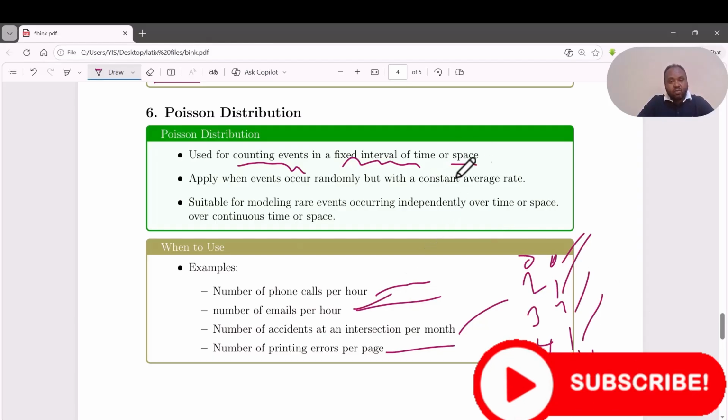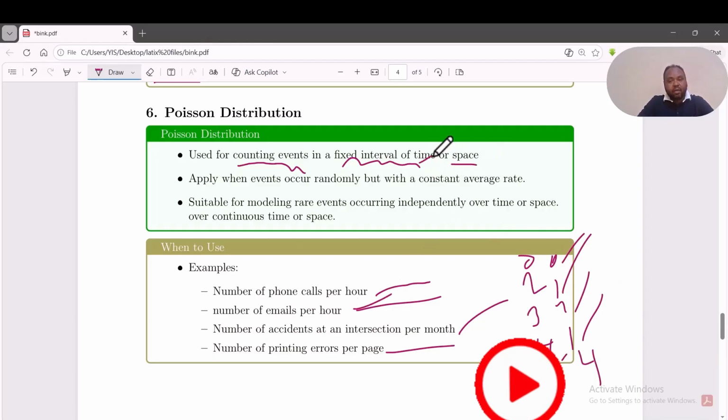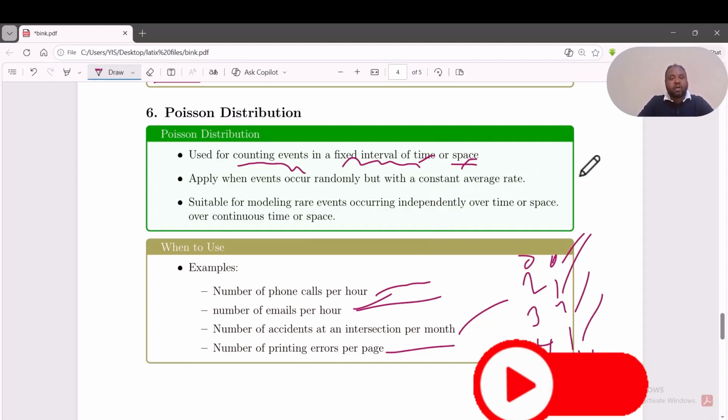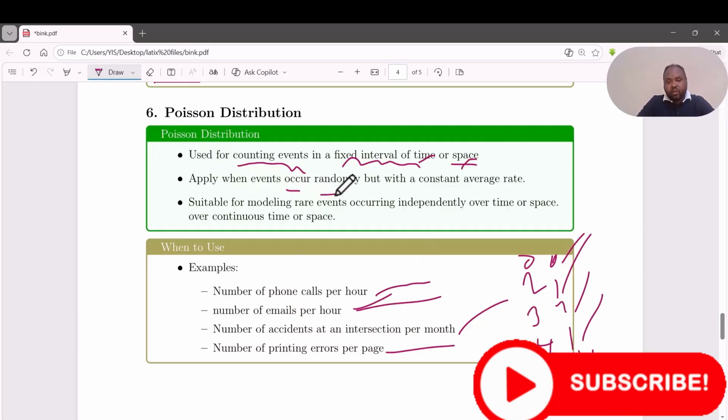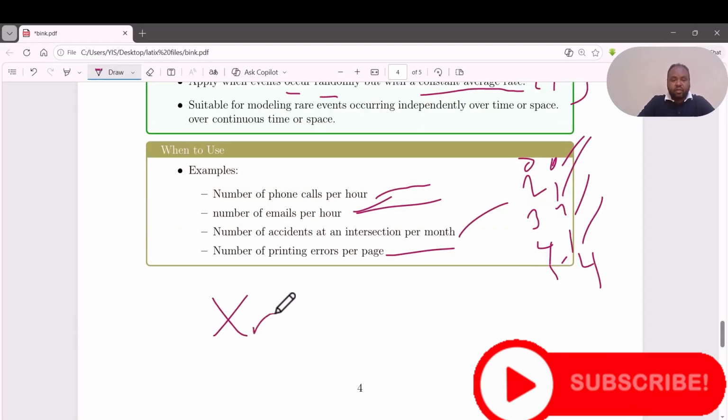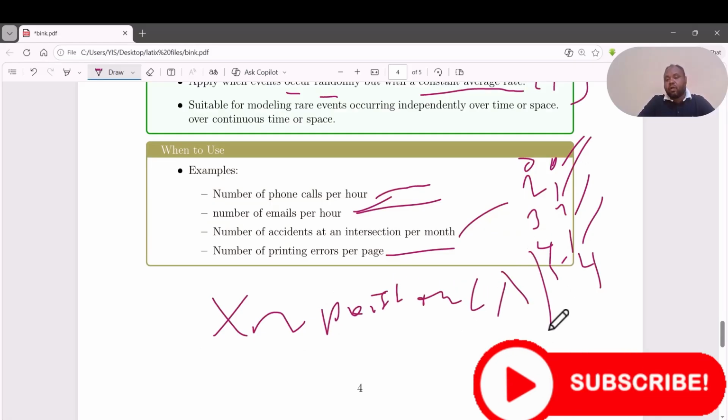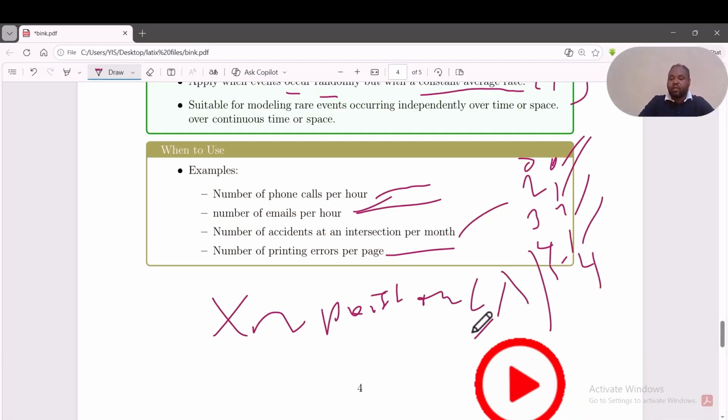So the domain here is time or space, in which we count the number of events. It applies when events occur randomly, but with a constant average rate, which is lambda. Now X is Poisson distributed with parameter lambda, where lambda is the average rate of occurrences.